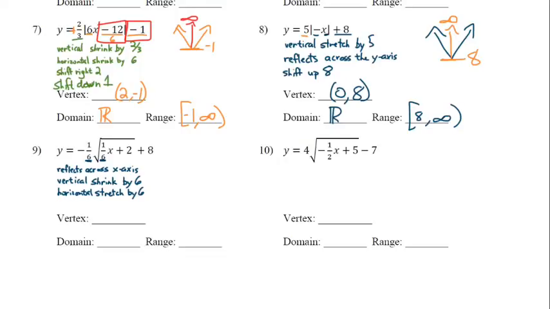Alright. This +2 right here, remember, has to be divided by the 1/6, which 2 divided by 1/6 is actually 12. So this is a shift. Because it's positive 12, it's going to go left 12, and then last but not least, the positive 8. That's outside the parentheses because that little bar doesn't go all the way across there.